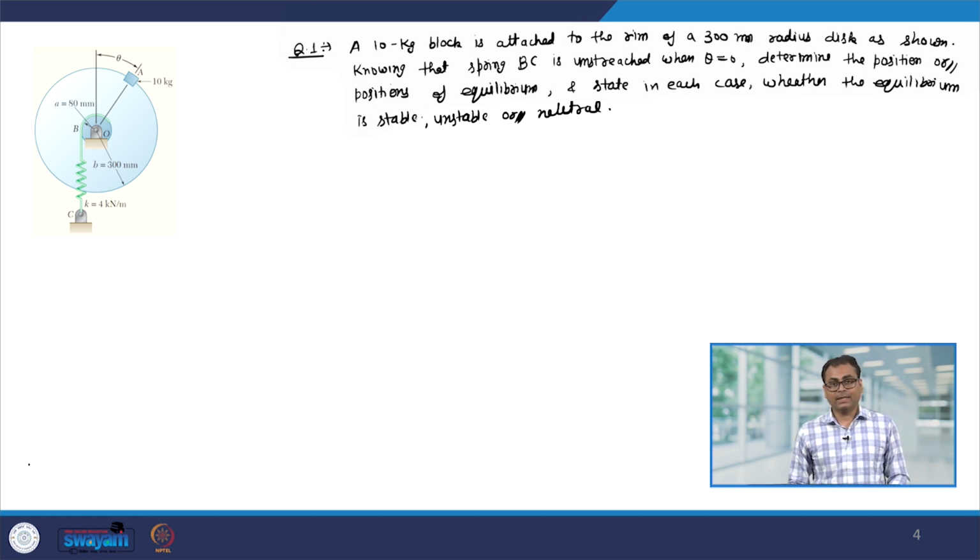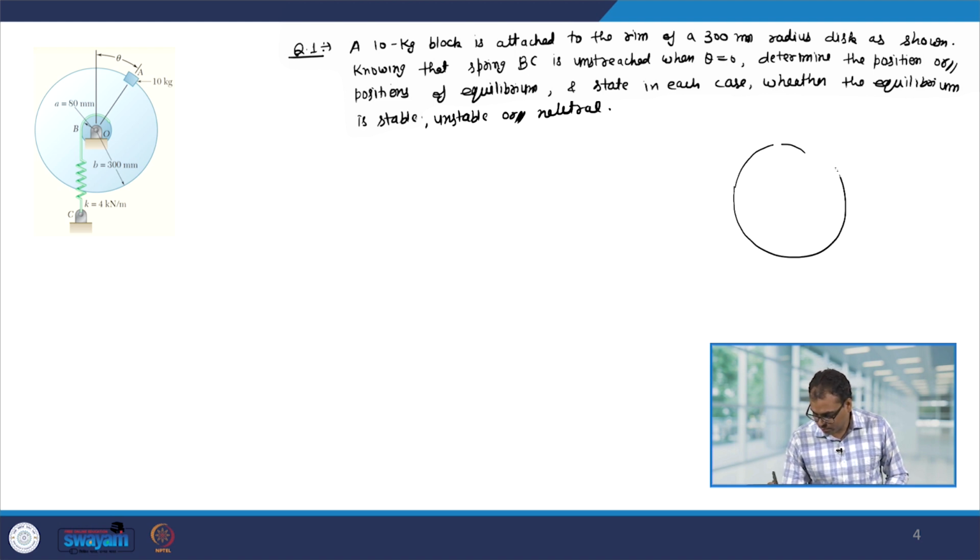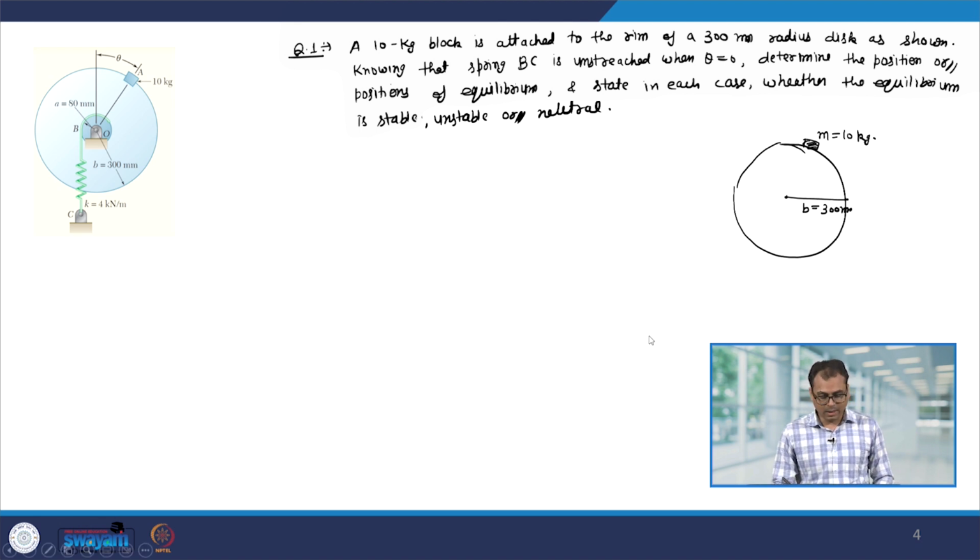Okay. To analyze the equilibrium, let us look at the system. There is a rim of radius b equal to 300 mm and the mass m equal to 10 kg is held by using a spring.